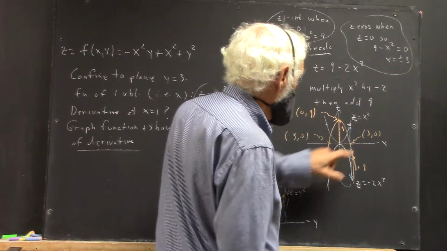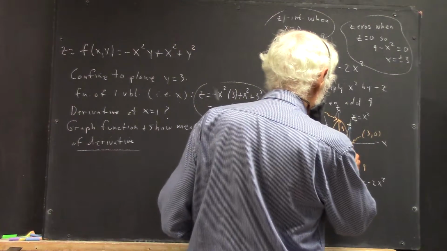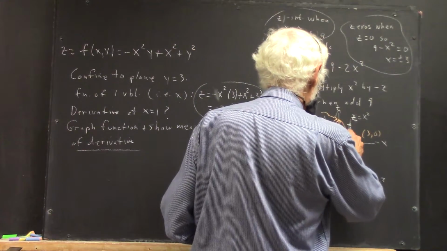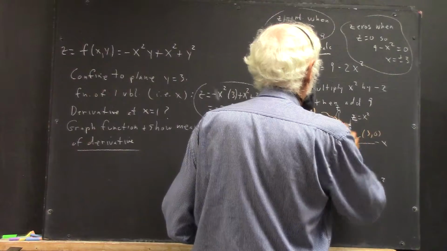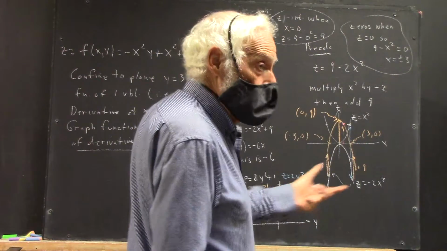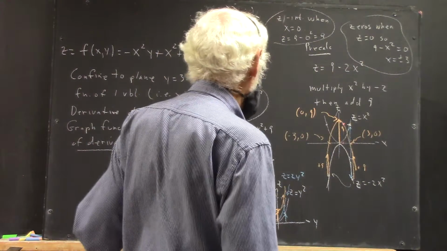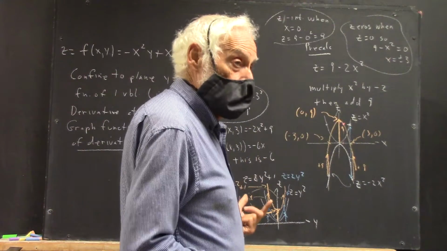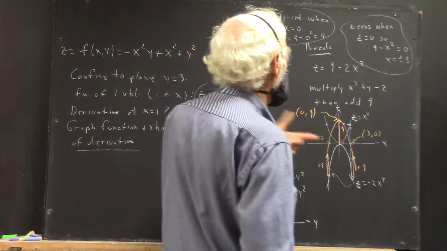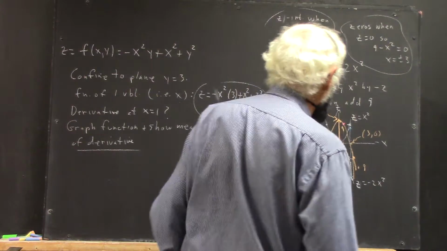And here's where x equals 3, so x equals 1 is going to be like here. So up here is the point 1, 8, I'm sorry. If x equals 1, this is 7.